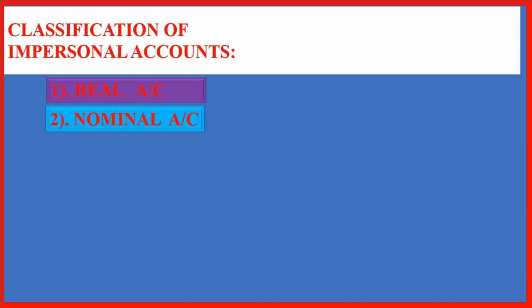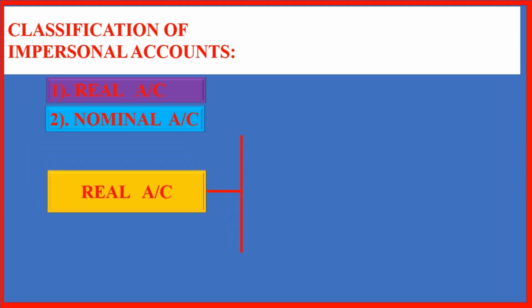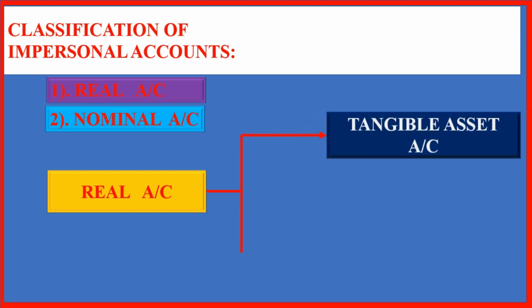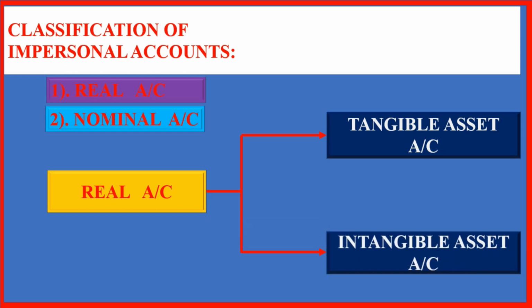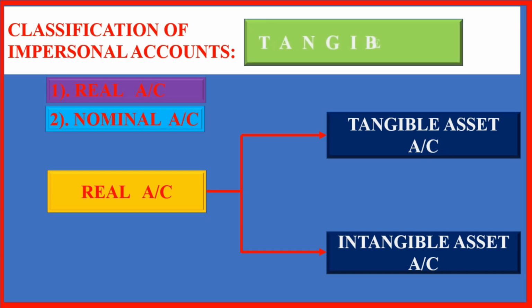Before we look at the nominal account, let's go to the case of the real account, which is further classified into number 1, tangible asset account, and number 2, intangible asset account. In our discussion today, we are looking at tangible asset account.